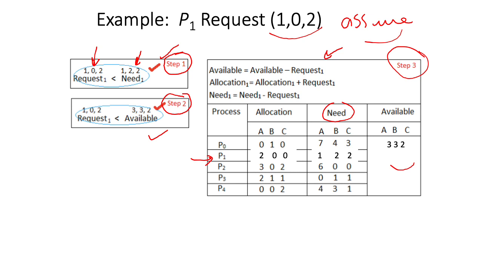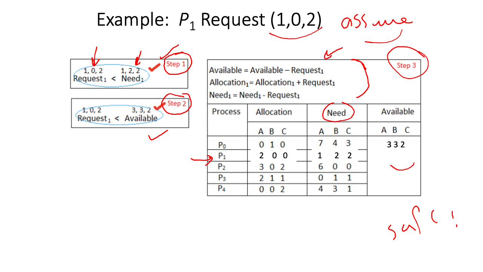So we will update accordingly these data structures, and then we will check, are we going to end up in a safe state? So if yes, then we will grant P1 this request. If we will end up in an unsafe state, then P1 will have to wait.